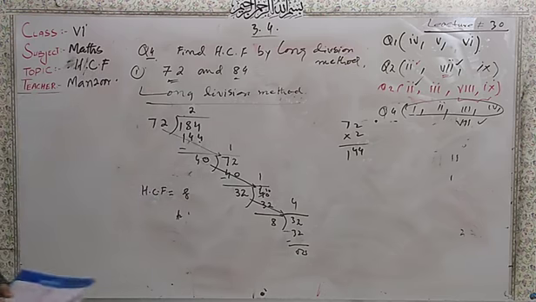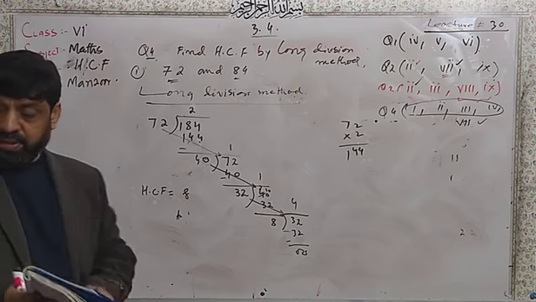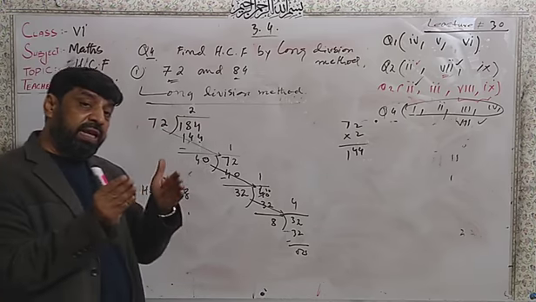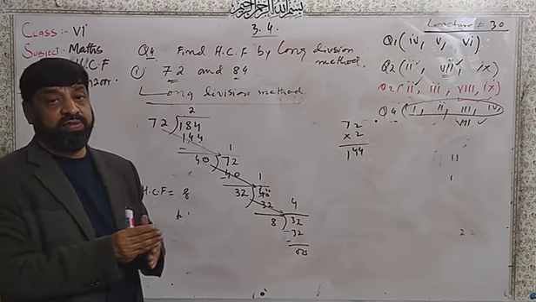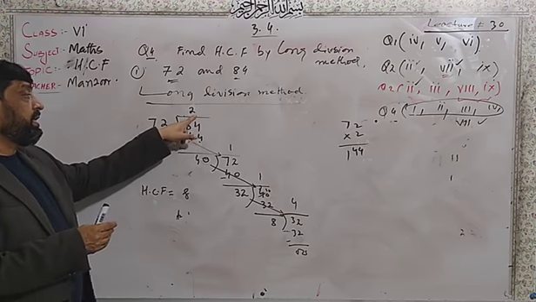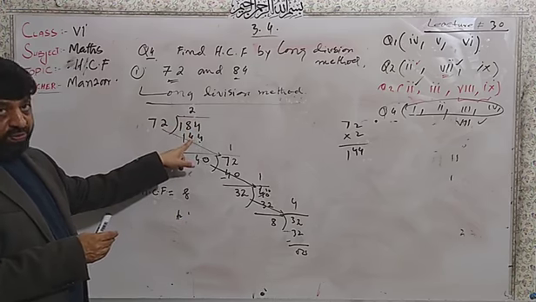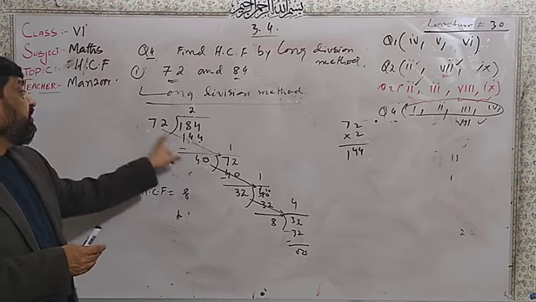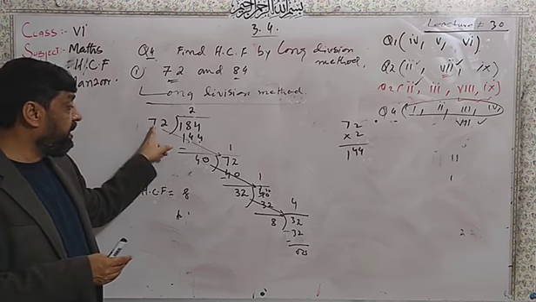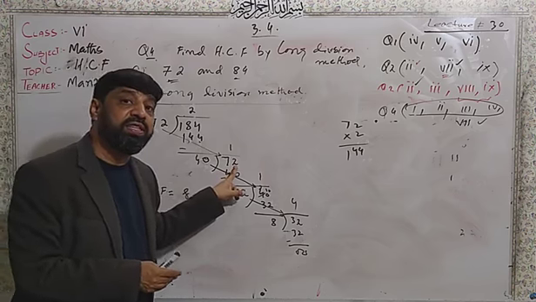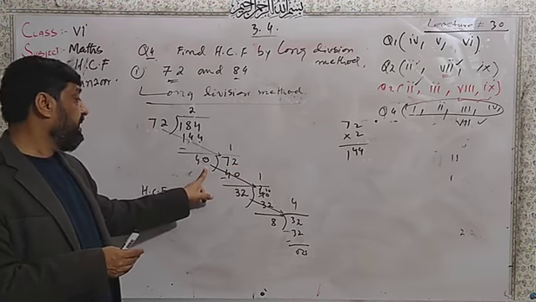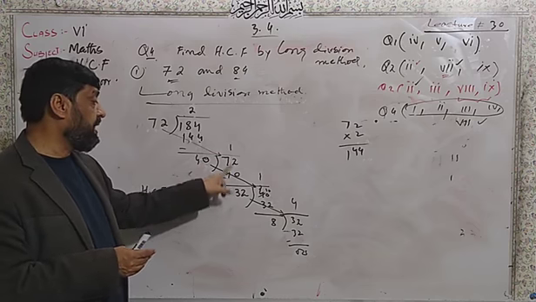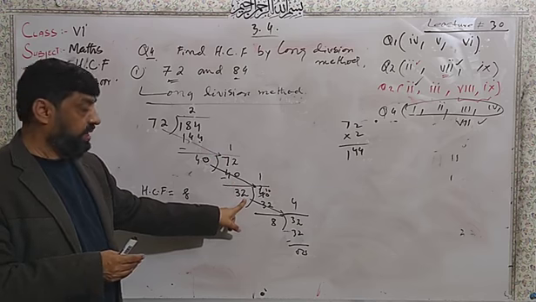Dear students, for your kind information, here we will first select the smaller number and the big number will be divided. Smaller number 72, it can divide 2 times 144, and the remaining value is 40. Again 40 is the smaller number and 72 cannot divide it, it is the big number, so it will become the dividend and 40 the divisor. It divides 1 time and we get 32.